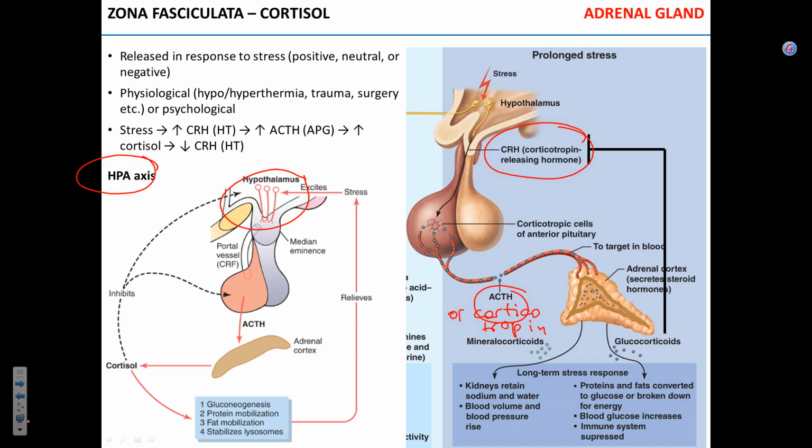Corticotropin, produced by the hypophysis, the anterior pituitary gland, is released into the bloodstream. It travels to the adrenal cortex via blood and stimulates the zona fasciculata, not only the zona fasciculata, but other zones as well, of the adrenal cortex. In response to the stress, the zona fasciculata produces glucocorticoids.